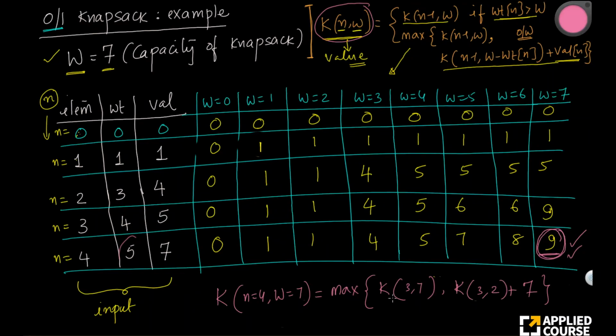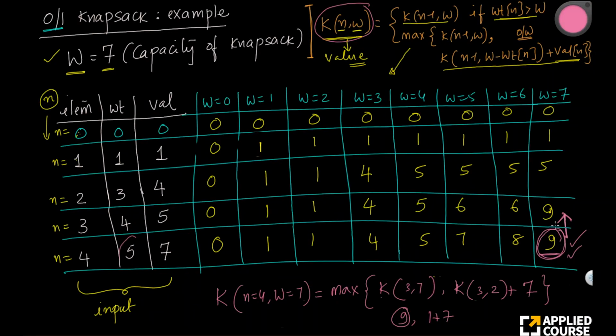What is K(3,7)? K(3,7) was 9. So max of 9 comma K(3,2), which is 1, plus 7. So the max of these two is this, which means this came from K(3,7).